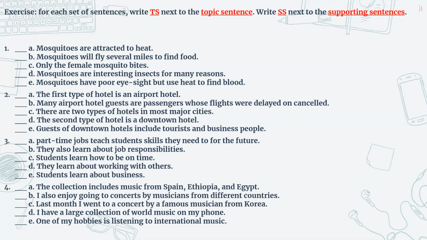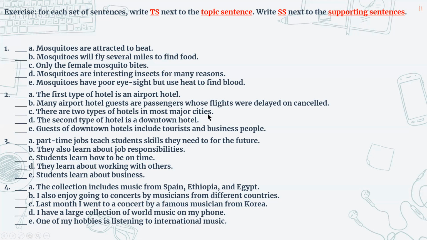write supporting sentences. Two, the first type of hotel is an airport hotel. Okay, this is too specific. Many airport hotel guests are passengers whose flights were delayed. Okay, this is also too specific. There are two types of hotels in most major cities.